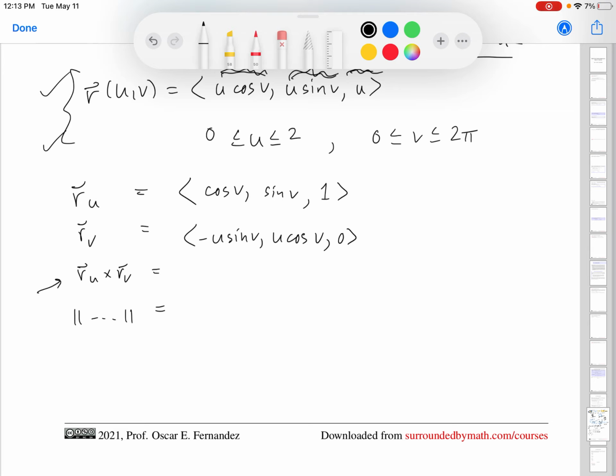Okay, at this point, we're now going to calculate the cross product of these two. So let's give ourselves a bit more space for that. So this is i hat, j hat, k hat. And we have cosine v, sine v, and 1. Minus u sine v, u cosine v, and 0. So then we write this out.